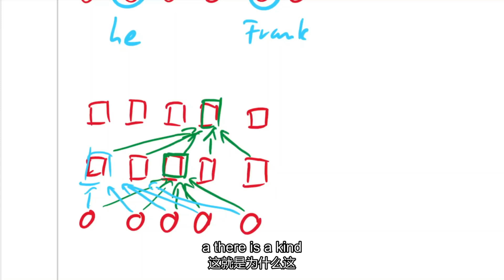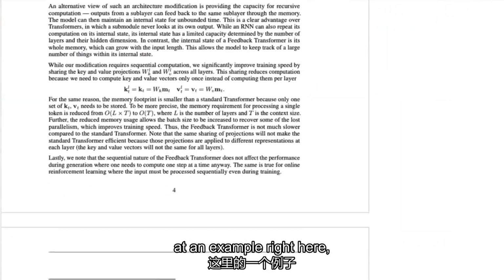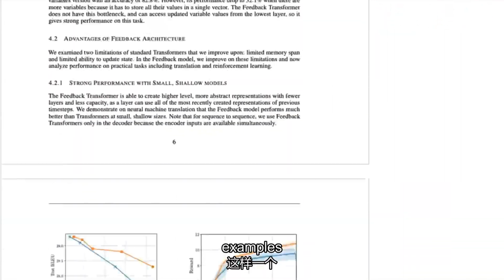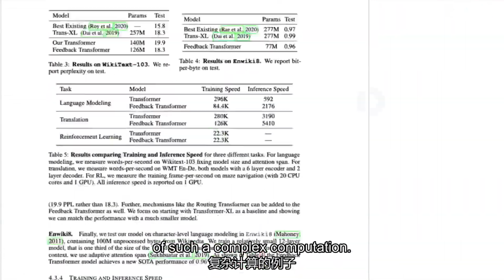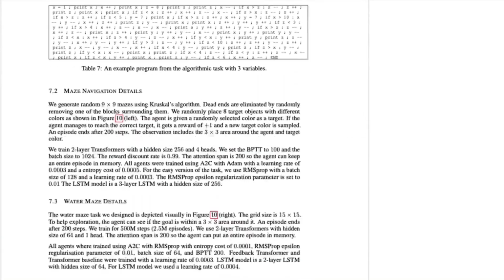There is a fundamental reason why this is important, namely if we want to do very complex computations. And by complex computations, you can maybe look at an example right here where they have examples of such a complex computation. In the appendix here, they give this example of code interpretation. There it is.